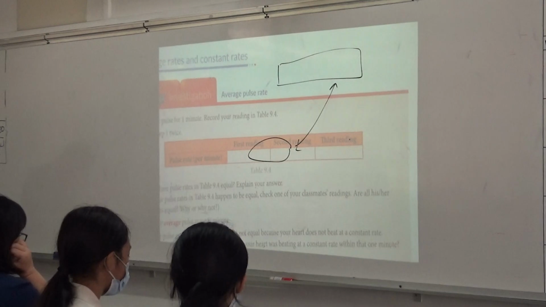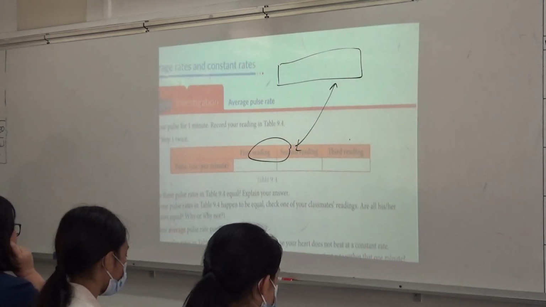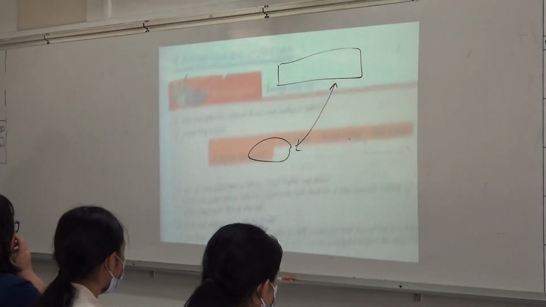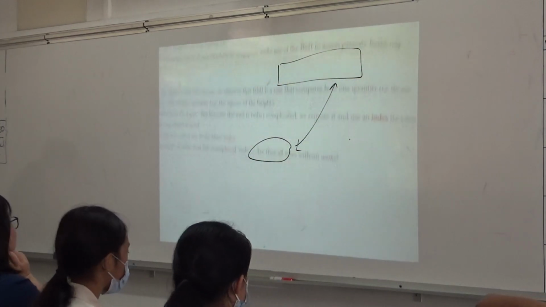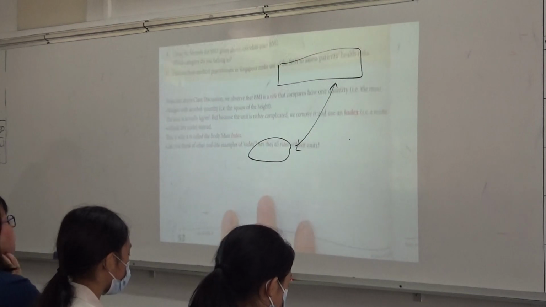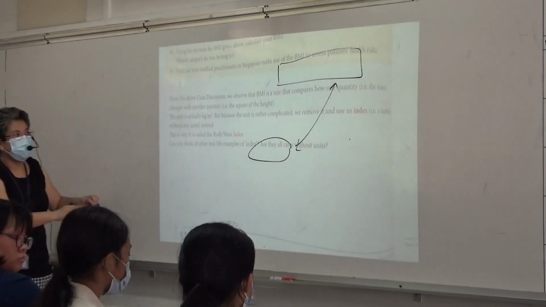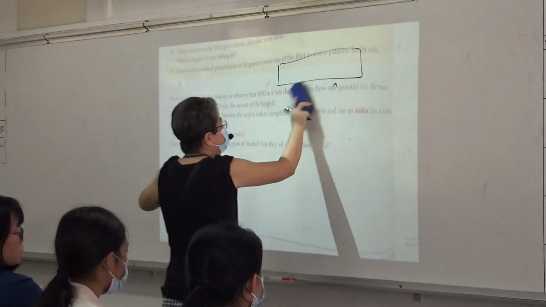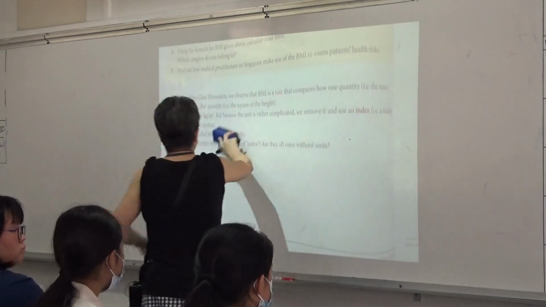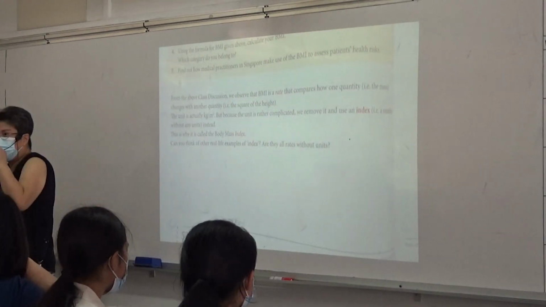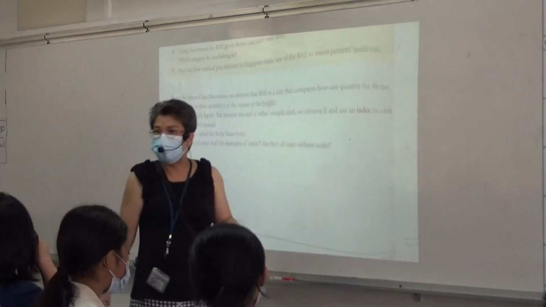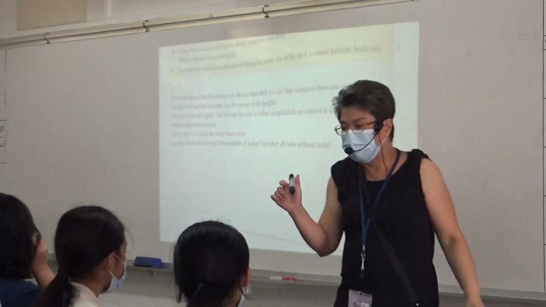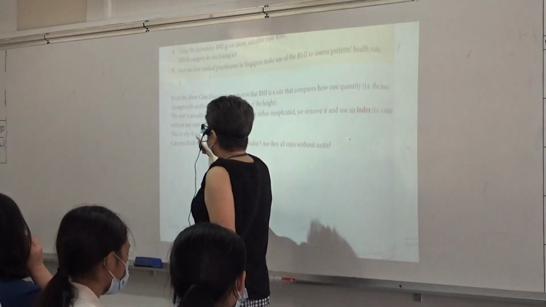Alright, I'm going on to something called average rates and constant rates. But before that, let's take a look at this part here. I think you have come across BMI before, right? Body mass index, right? Now, BMI is actually calculated with mass divided by the square of the height, right? That means you take the height square. Usually, the units is what?